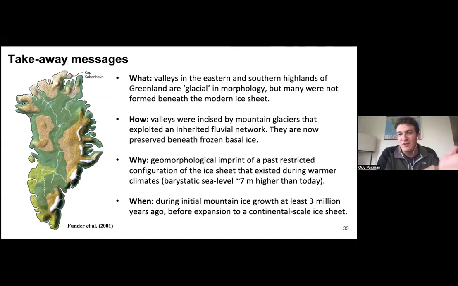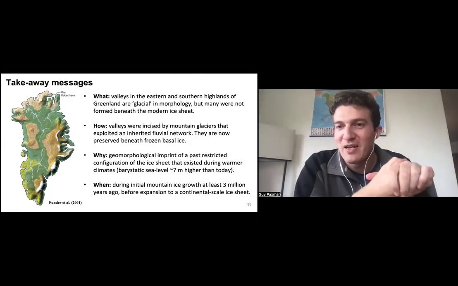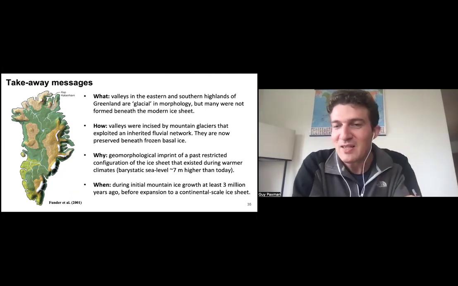And the transition between the two doesn't appear to have had a major erosional modification on the landscape. So whether we're seeing the transition between the two happening relatively quickly or non-erosively, I think remains to be looked at more, but I think could be quite an interesting question to think about as well.